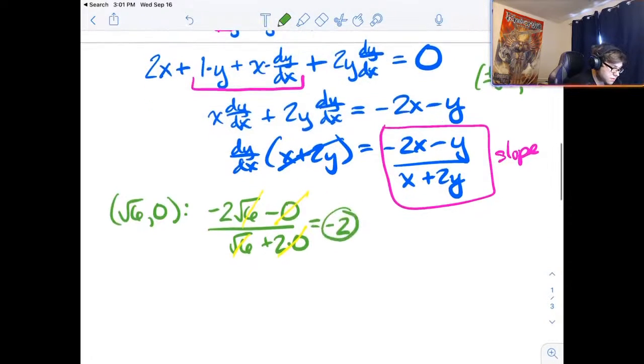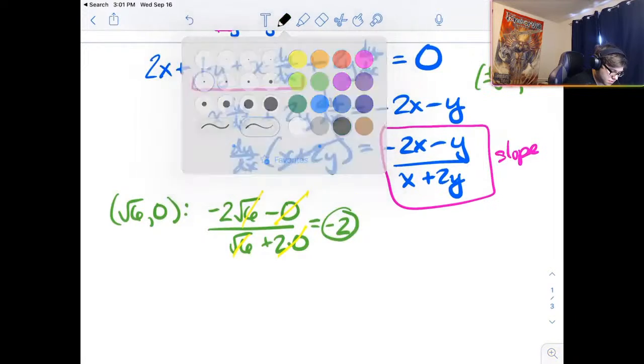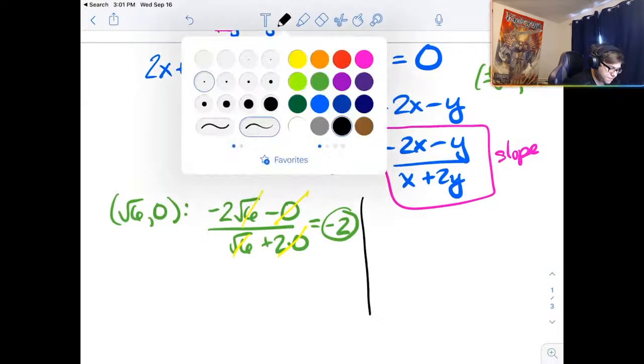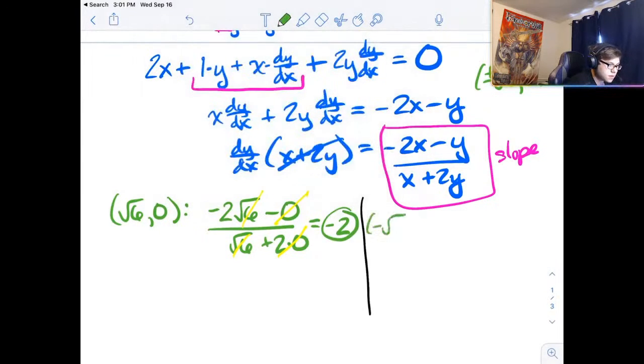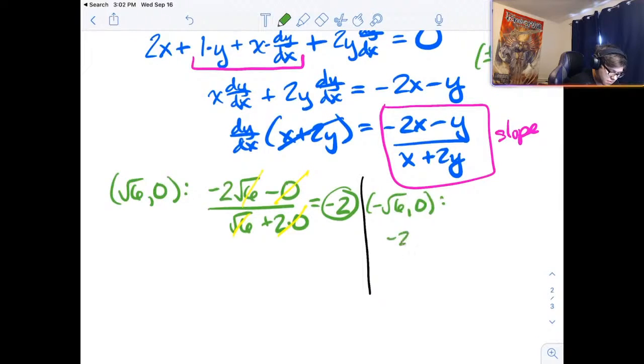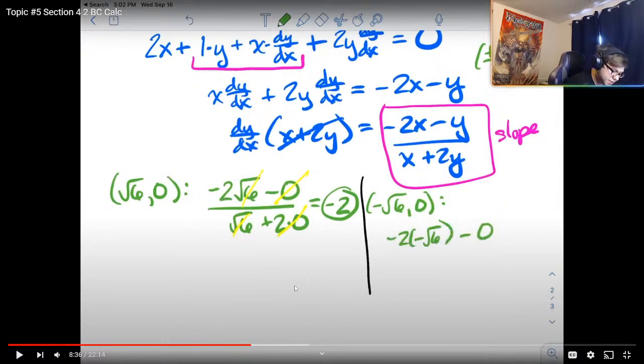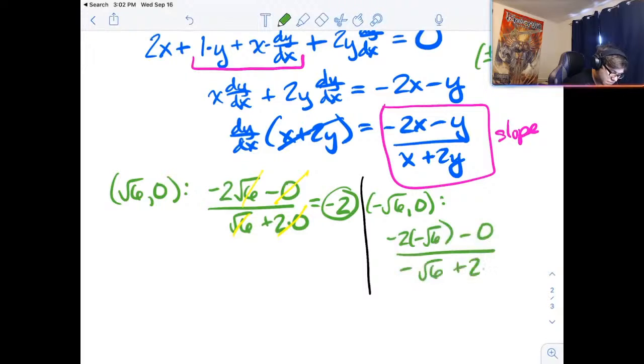a slope of 2. Now, hopefully, when I plug in the other x-intercept, I'm going to wind up with the same result. And I probably will, but let's test it just to make sure. This time I would have negative 2 times negative square root 6 minus 0 over negative square root 6 plus 2 times 0.